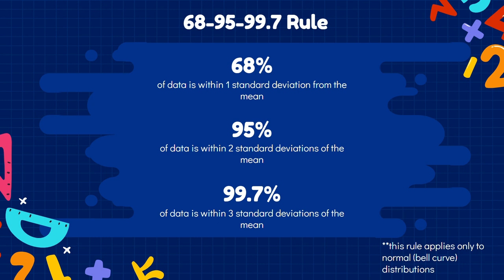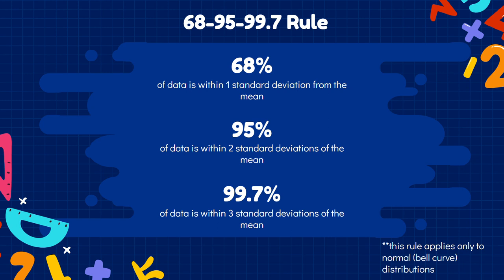So imagine a curve, right? You draw a line in the middle. That's your mean. Now you draw a line to the right and a line to the left. This is one standard deviation from the mean, right? So 34% of the data is one standard deviation above the mean, and 34% is one standard deviation below the mean. Together, it gives you 68%.